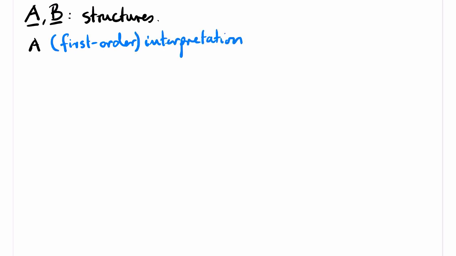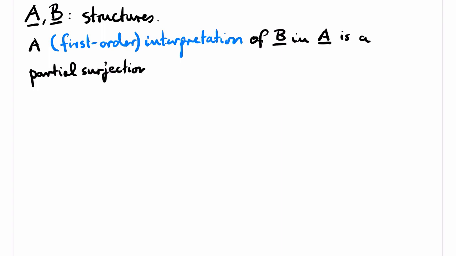Let A and B be two structures, possibly with different domain and different signature. A first-order interpretation, or short, just an interpretation, of B in A is a partial surjective function, I, from A^D to B, such that certain properties hold. Here, D is some natural number called the dimension of the interpretation.